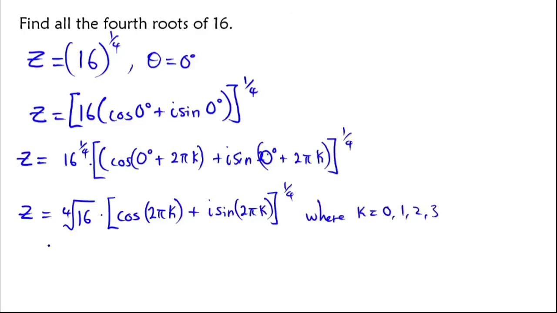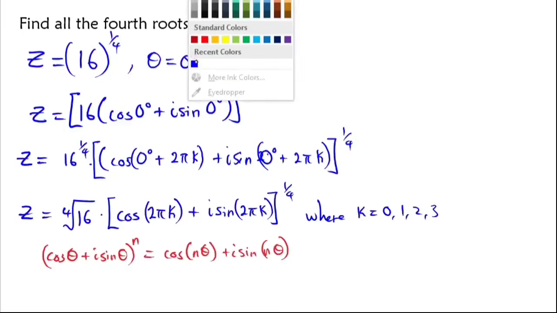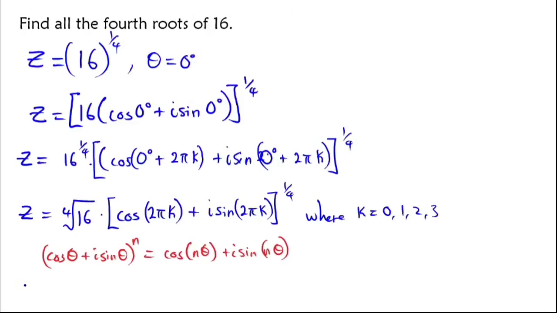So for this bracket that we have here, I can use De Moivre's theorem, which states that if I have cos theta plus i sine theta raised to the power n, then this can be cos n theta plus i sine n theta. So if I apply De Moivre's theorem, what I will obtain will be z equals the fourth root of 16, which is simply 2, then open bracket, so that 1 over 4 multiplies 2 pi k.